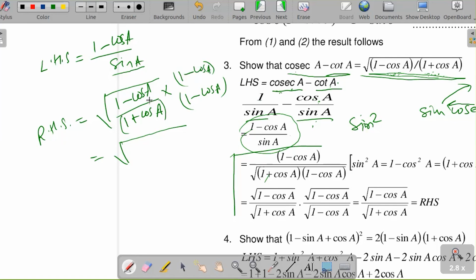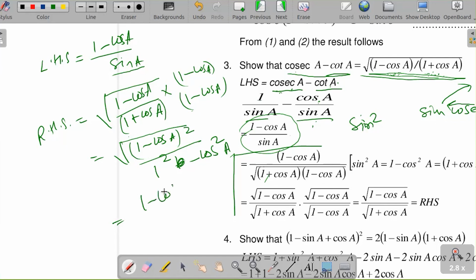So on top it should be 1 minus cos A whole square, and below it will be 1 square minus cos square, that is a plus b, a minus b, a square minus b square. The square and root will cancel out.